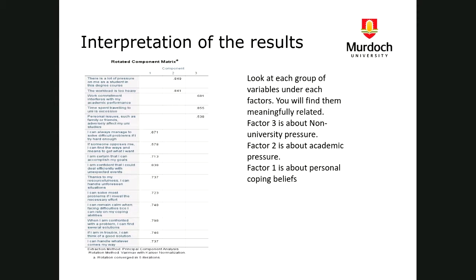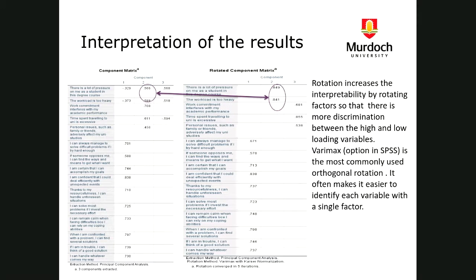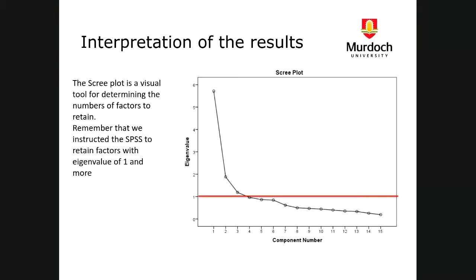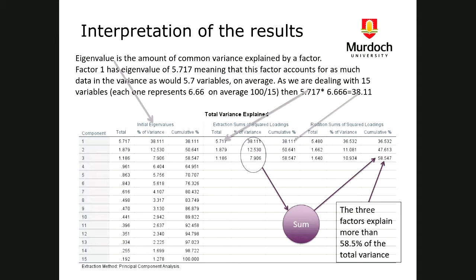Now, great. Sayara, I'm going to go back. Sayara asked me a question: why do we include only 3 factors? Because in SPSS, we instructed SPSS not to include any factor that has an eigenvalue of less than 1. So if you look at it here, it's greater than 1, so we have 3 factors.